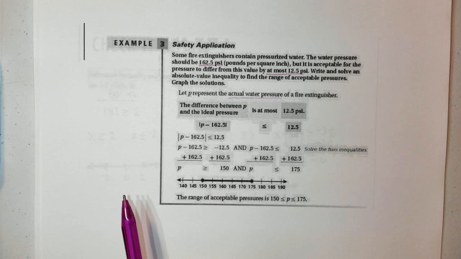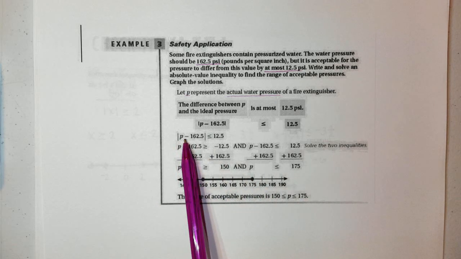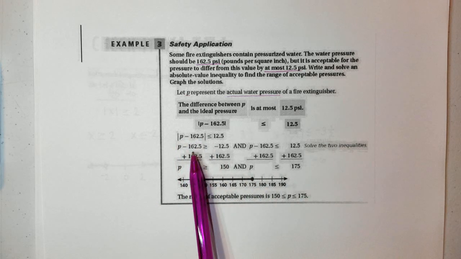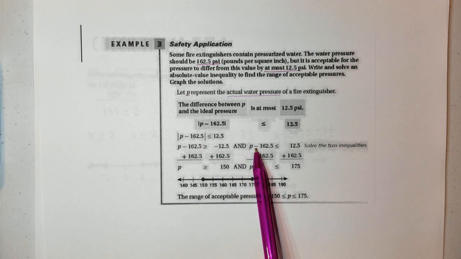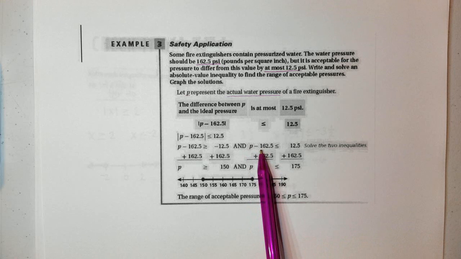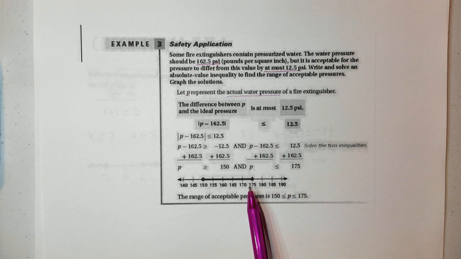So I'm going to set up the two cases. So you have P minus 162.5 is greater than or equal to negative 12.5, and P minus 162.5 is less than or equal to 12.5. So now we're going to solve.